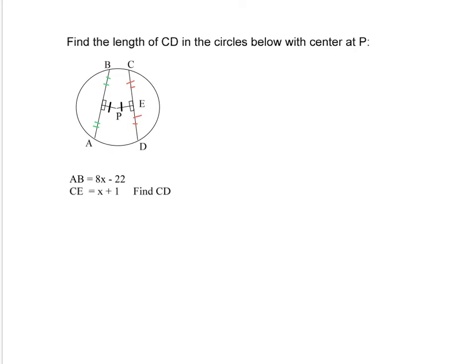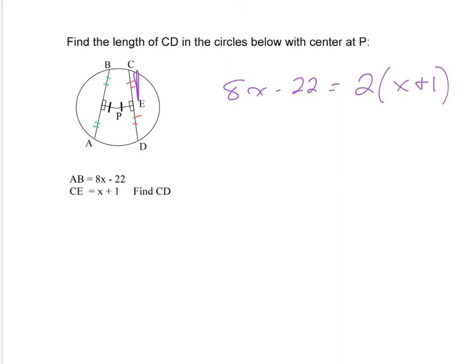So I now know that AB, which is 8x minus 22, is equal to twice CD, or rather twice CE, because CE is half of CD, so it's equal to 2 times x plus 1.